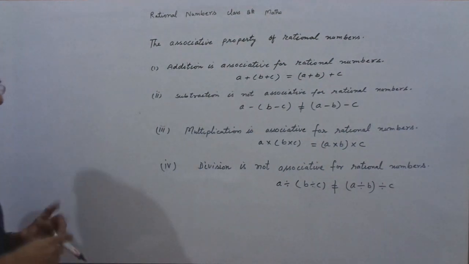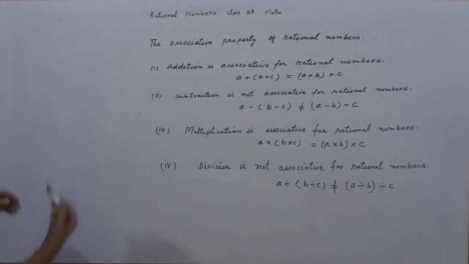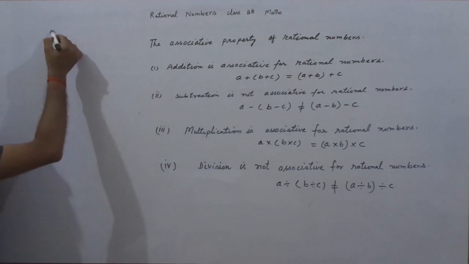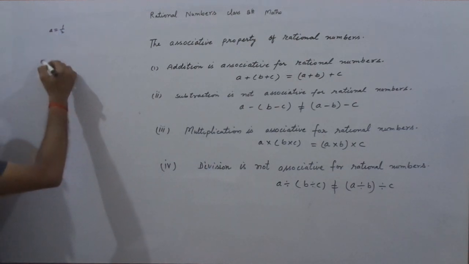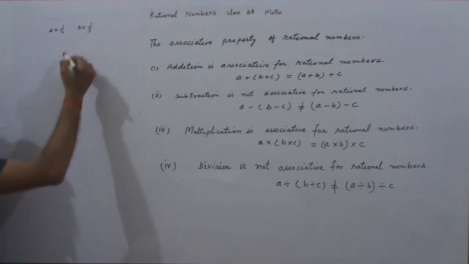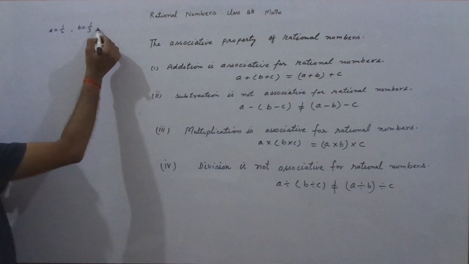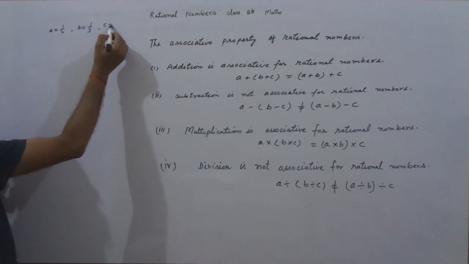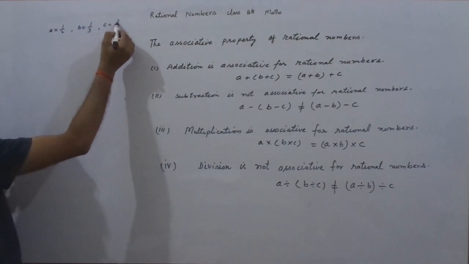Suppose we have three rational numbers a, b, c, and the values of a, b, and c are a equals 1 by 2, b equals 1 by 3, and c equals 2 upon 5.